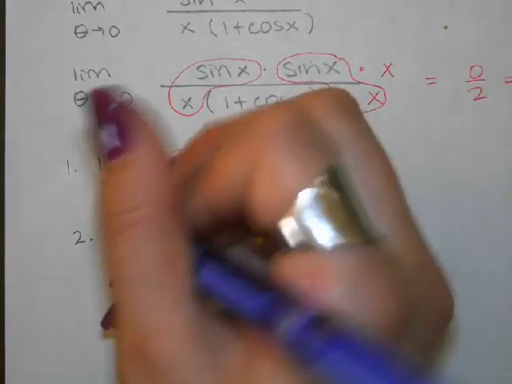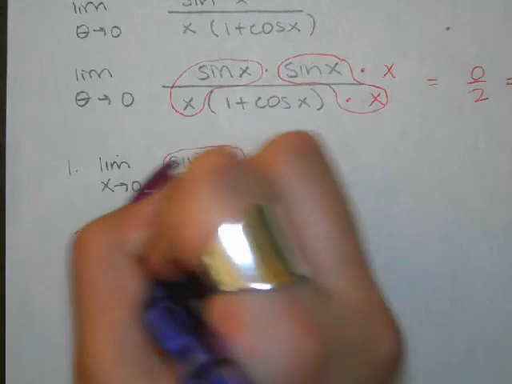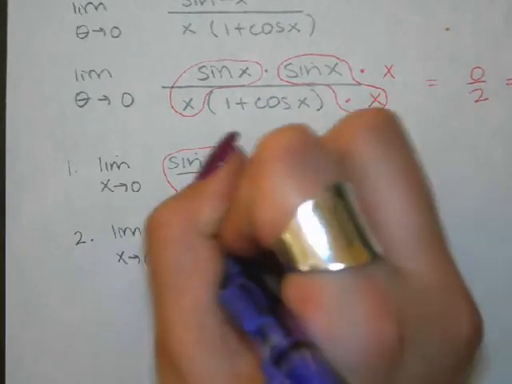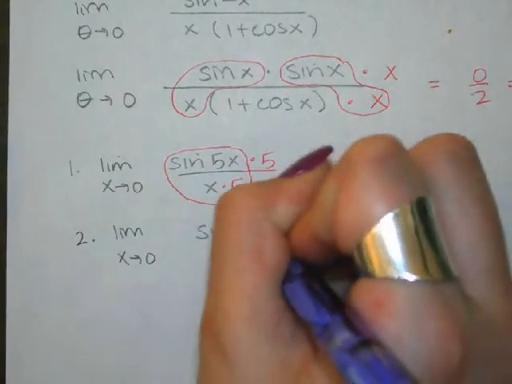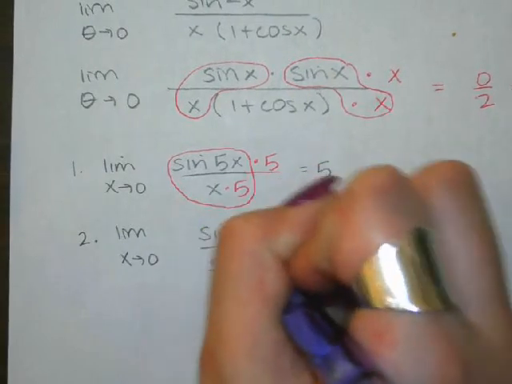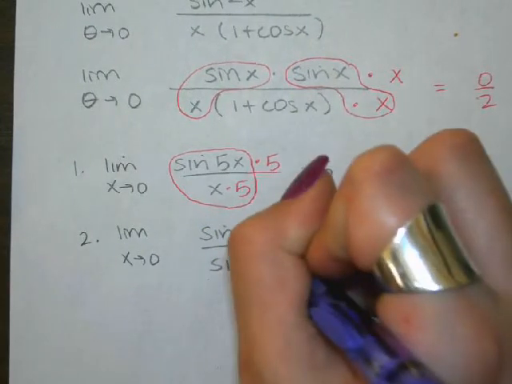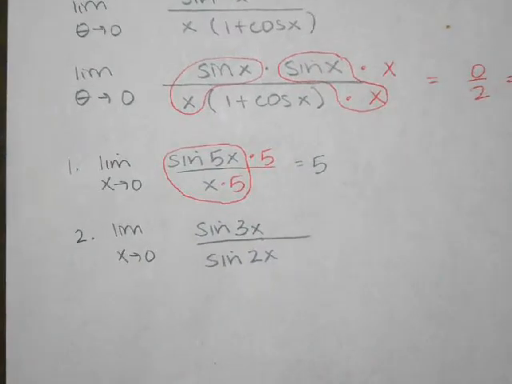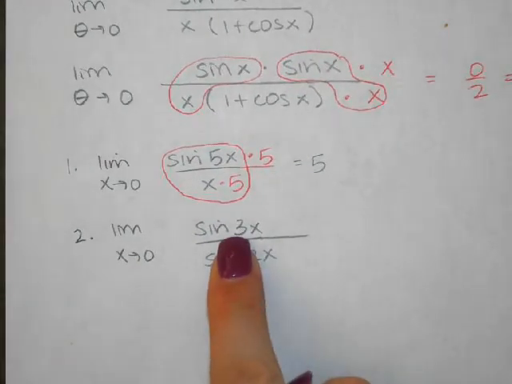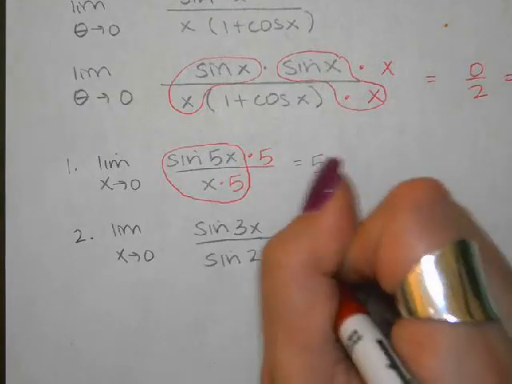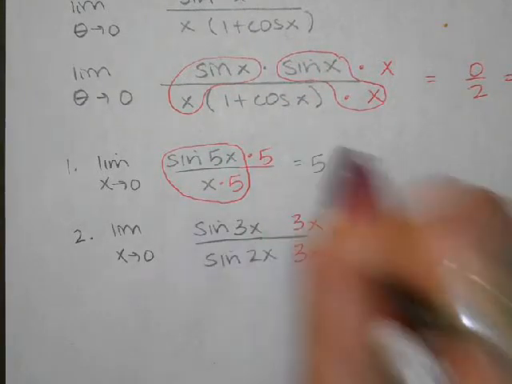All right, what's the next one? Limit as x approaches 0 of sine 3x over sine 2x. Okay. So for the sine 3x on top, what do we need to have on bottom? A 3x, right? So I'm going to put a 3x on bottom, but whatever I do, I have to do it to the top and the bottom.